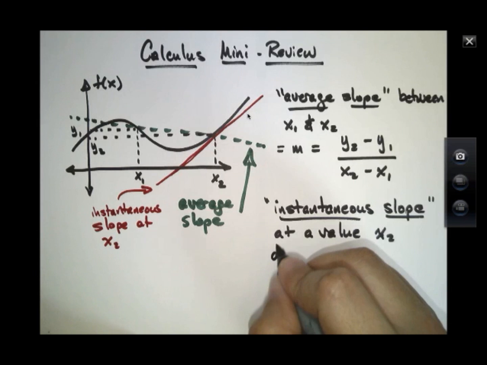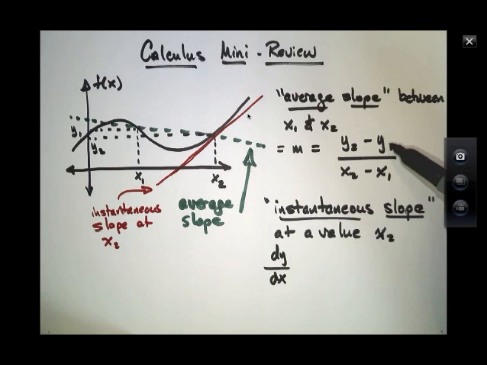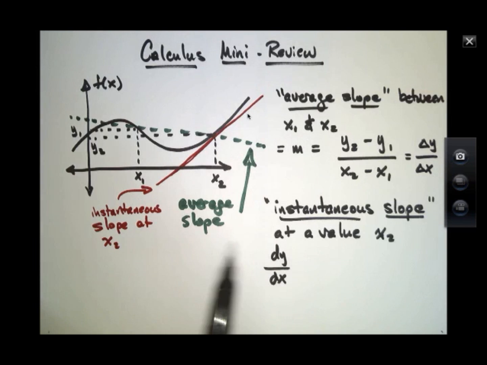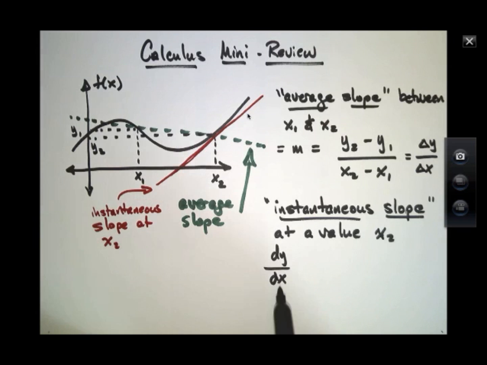This is sometimes written in the form dy/dx, so it's like delta y over delta x. But of course, it's taken as a limit as x1 goes closer and closer to x2. This delta x in the denominator becomes a small infinitesimal distance dx.